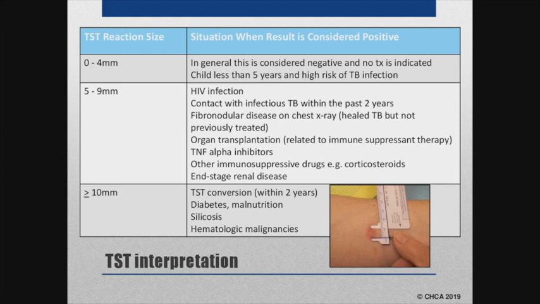Now, if the induration is greater than 10 millimeters, we would consider this positive if the TST conversion has been within 2 years, if there's a history of diabetes, malnutrition, silicosis, or hematologic malignancies.